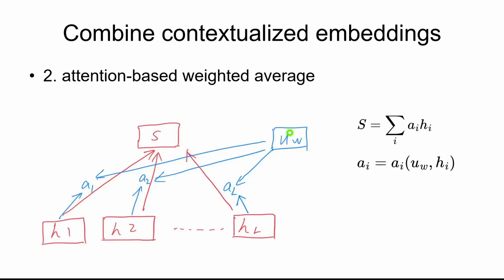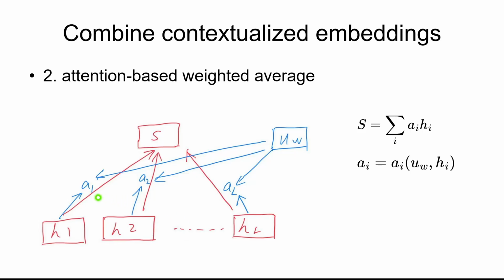So we want to use a more sophisticated way, which is to use the attention mechanism to compute an attention-based weighted average. The idea is that we want attention scores, A_1 to A_L. Here H_1 to H_L are just the contextualized embeddings for each word in a sentence.